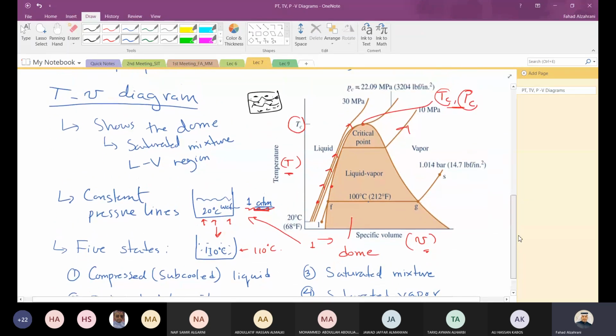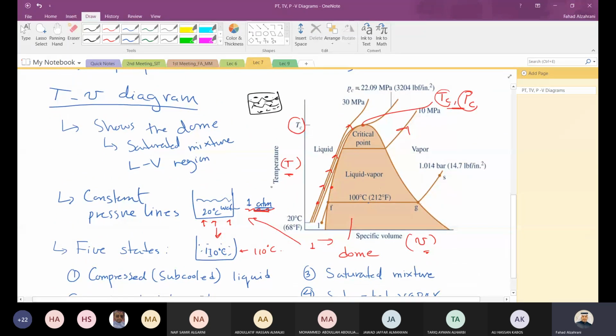For the TV diagram, we said that the main feature of a TV diagram is this dome, which shows the two-phase saturated liquid-vapor mixture. We said this diagram also shows the five different states. The first is the liquid state, which we call compressed liquid or subcooled liquid.